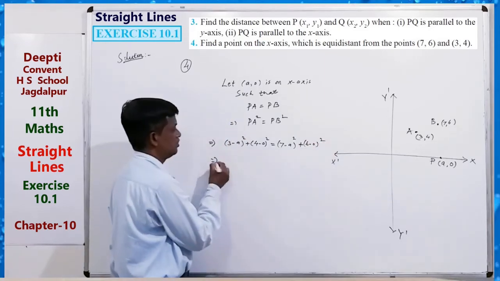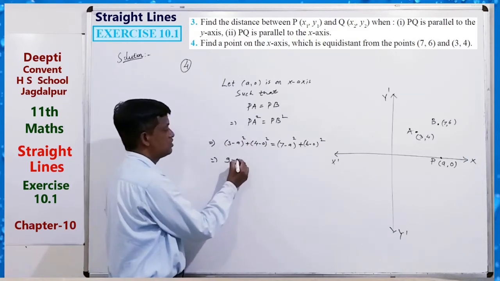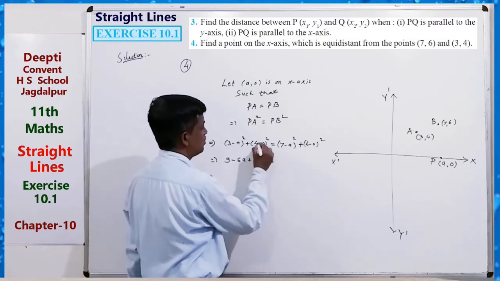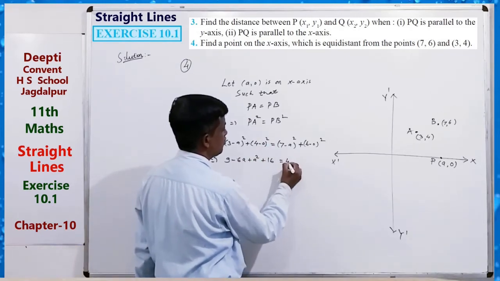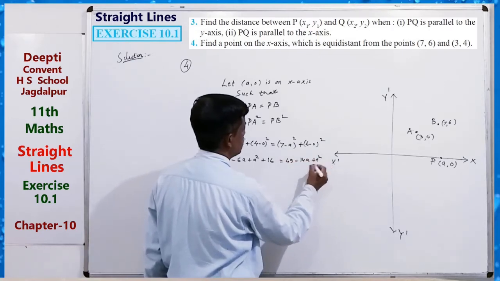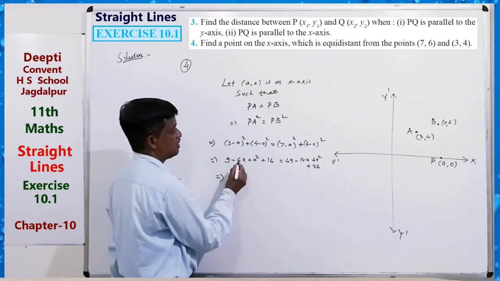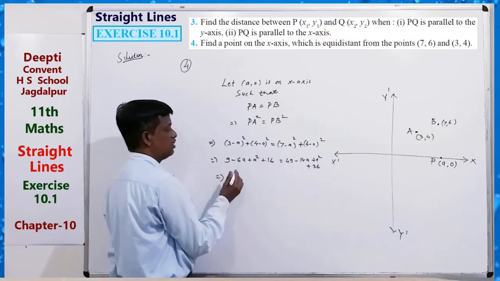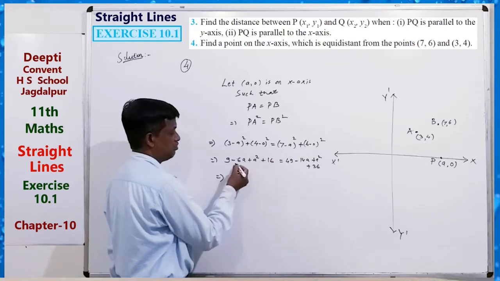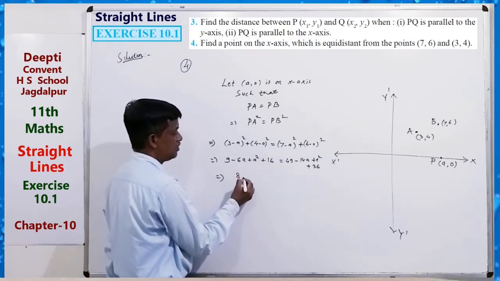Now we can solve it, very simple. Using (a minus b) whole square: 9 minus 6a plus a square plus 16 equals 49 minus 14a plus a square plus 36. So a square cancels. Here minus 6a, here minus 14a; 14a comes to this side, then 14 minus 6 is 8a.